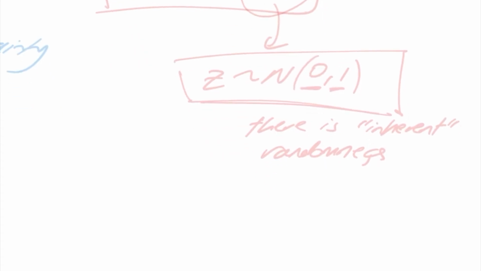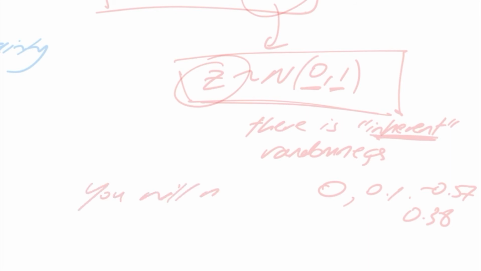You will never know what Z is. Z can be anything, as long as it follows a normal distribution. Z could be 0, it could be 0.1, it could be negative 0.57, it could be 0.38, whatever. You will never know. That's why we call it inherent randomness. It's not just random, it's inherent randomness. No one knows what that is.